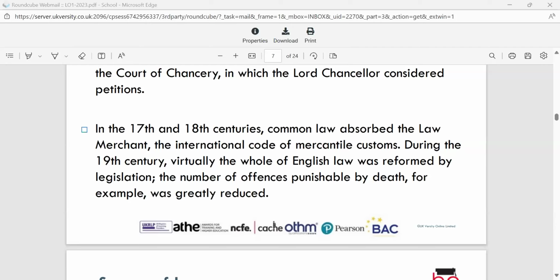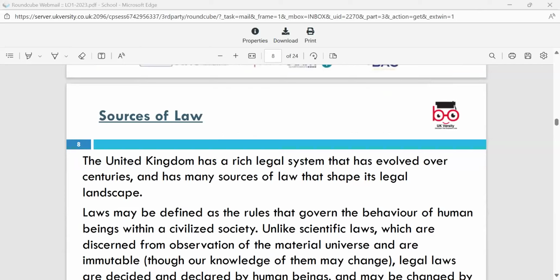Historically it wouldn't have, but now it does, because technology has taken over. There's a lot of cyber crime, intellectual property crime, data crime. GDPR, people's data is going missing. So that impacts on everything, and society changes, so laws will change as well.